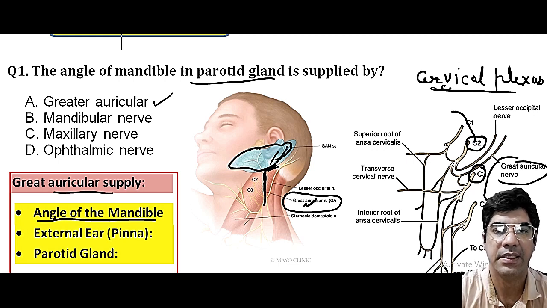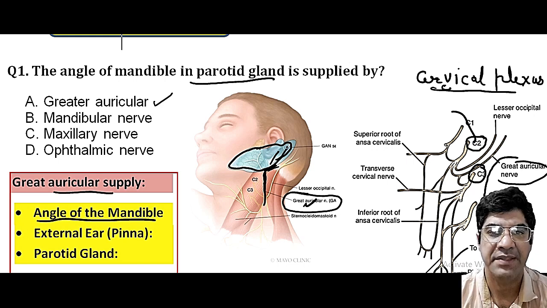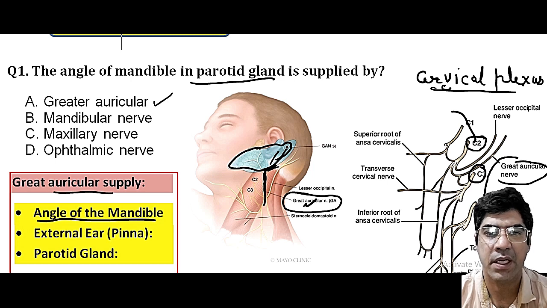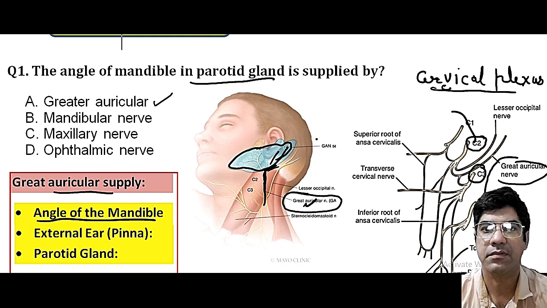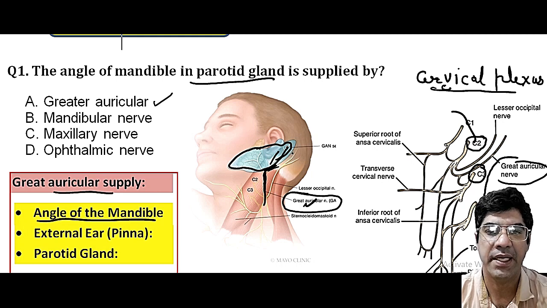Continuing its course, it reaches toward the external ear. So it sends branches to the posterior part of the auricle and skin over the mastoid process of the temporal bone. Another branch of the great auricular nerve extends toward the parotid gland, that is situated in front of and below the ear.